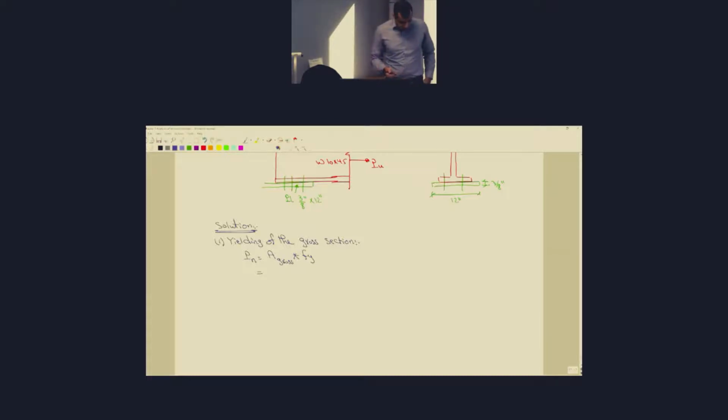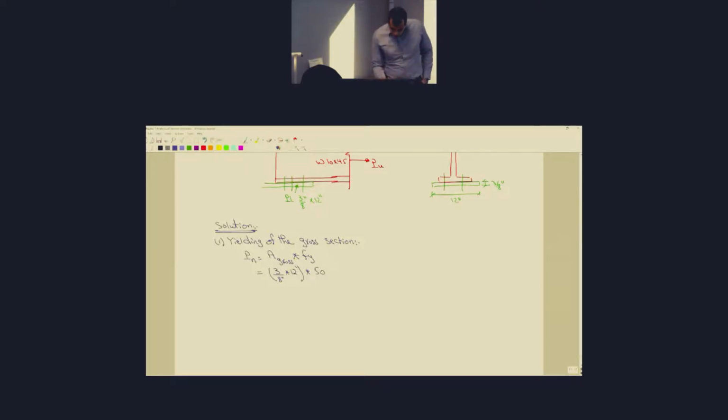How much is the gross area of the plate? 3/8 times 12 inches. So that's the gross area multiplied by the yield stress, which is 50, okay?